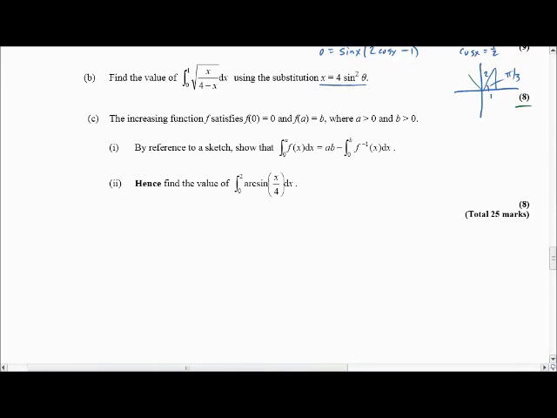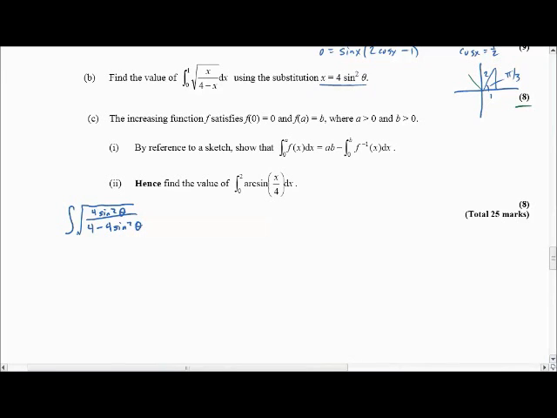So here we go. We're going to do the integral, and we've got the square root of, now x is going to be 4 sine squared of theta over 4 minus 4 sine squared of theta, just like that.